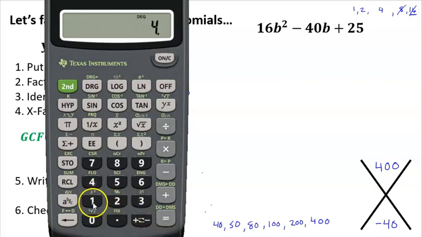That doesn't work. We can try out 12. That doesn't work. 13. That doesn't work. 14. That doesn't work. 15.